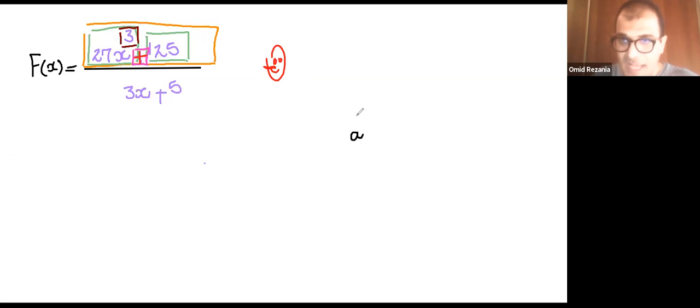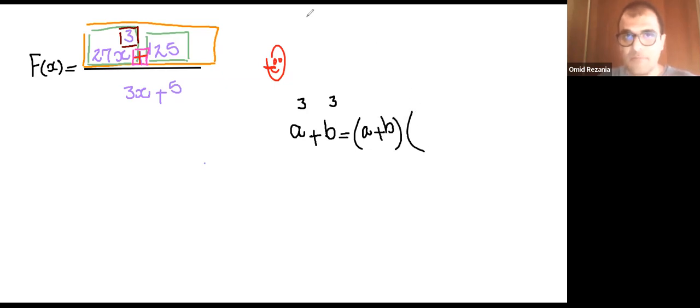You have a term which is to the power 3, which is summed with another term which is power 3, or we force it to be of power 3. We can think of this: a to the power 3 plus b to the power 3 becomes a plus b times this term, a to the power 2. Guys, do you see the screen now?